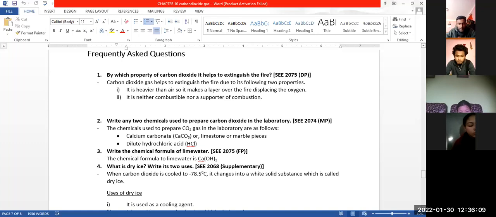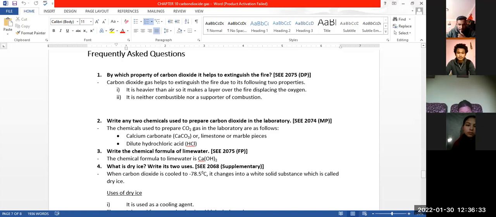It is heavier than air, so it makes a layer over the fire, displacing the oxygen. That makes a lack of oxygen in the fire, and without oxygen, the fire extinguishes.